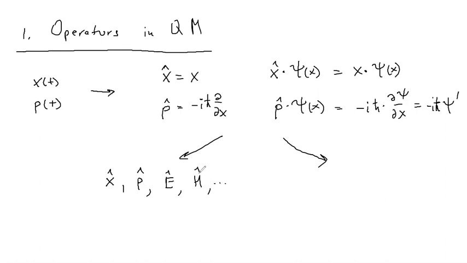This is also the mechanical energy, the Hamiltonian, as a function of p and x. But it could be other operators like angular momentum, for example. Angular momentum as an operator, I have to move to 3D, r cross p. And other operators.